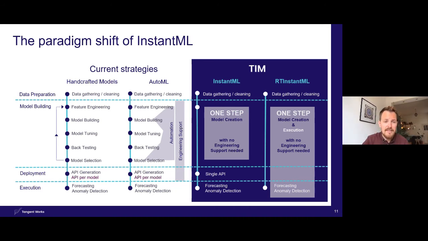These two steps take a couple of seconds to maximum a couple of minutes. We're not talking days anymore. We're not talking hours. We're talking seconds to minutes, real time to almost real time, right? And that's always through a single API. So you always talk to the same engine, because TIM, in fact, is a model building engine. It's a product that builds those predictive models for you in a hyper-automated way.